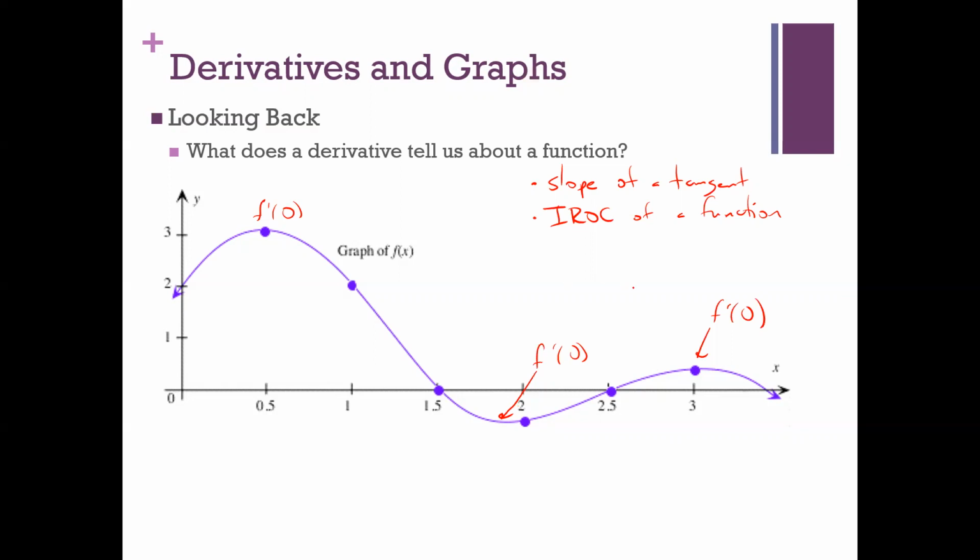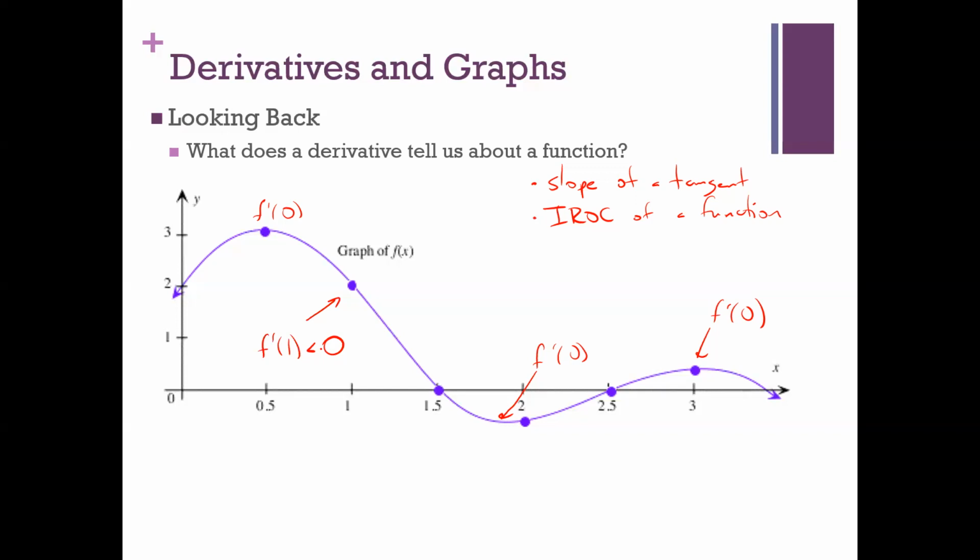For example, let's look at something else. What can I say about f prime of 1? Why is it negative? Okay, slope is downward, right? What's the function doing there in one word? It's decreasing.